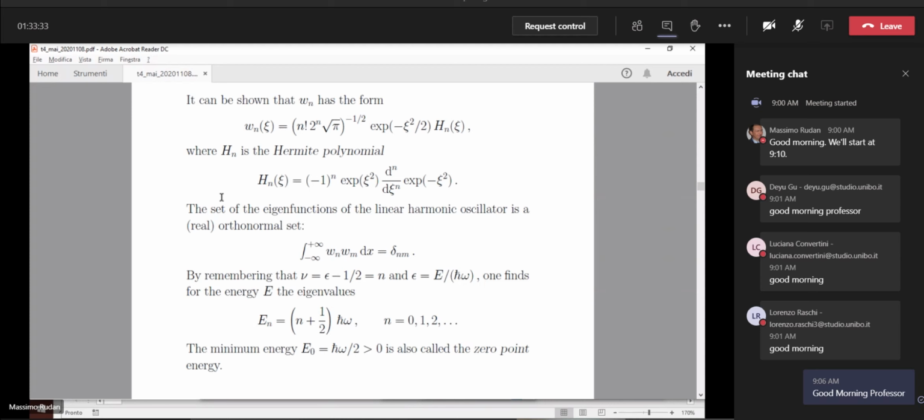So the minimum is 0. So the minimum total energy must be strictly larger than 0, and its value in the minimum is h bar omega divided by 2. This is called the 0-point energy of the linear harmonic oscillator.